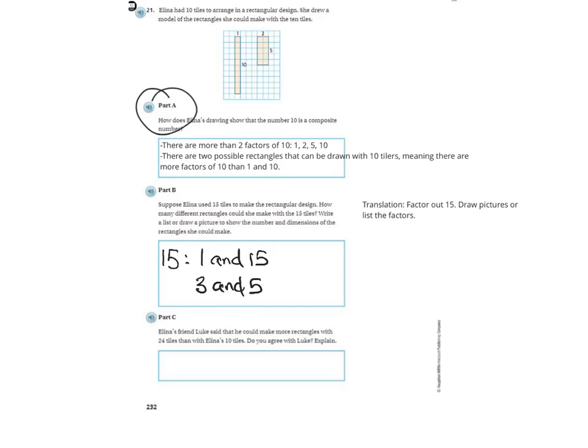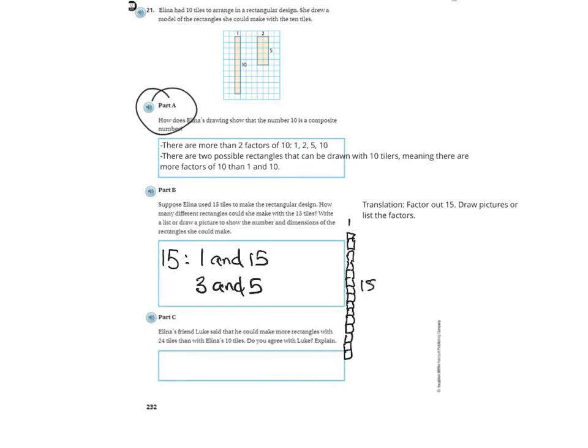So if you're going to draw this out, it's really just going to look like 1, 2, 3, 4, 5, 6, 7, 8, 9, 10, 11, 12, 13, 14, 15. And then if you're drawing out, that's your 1 and your 15.